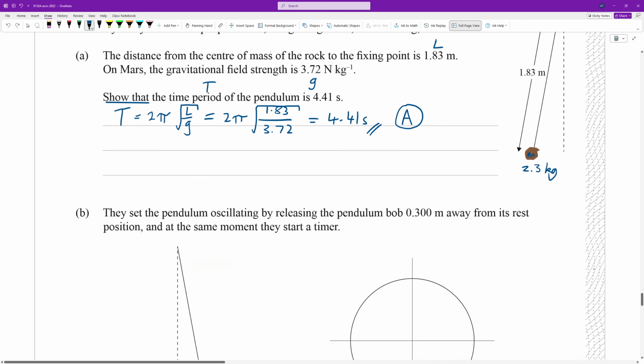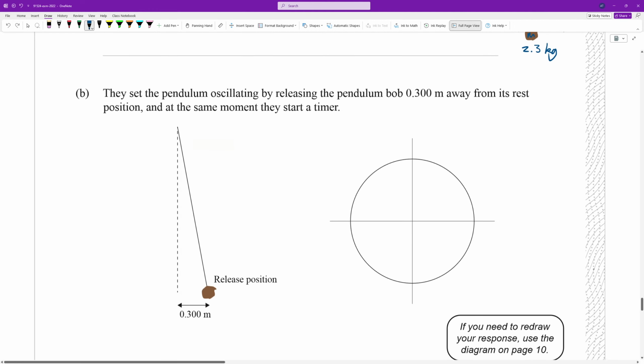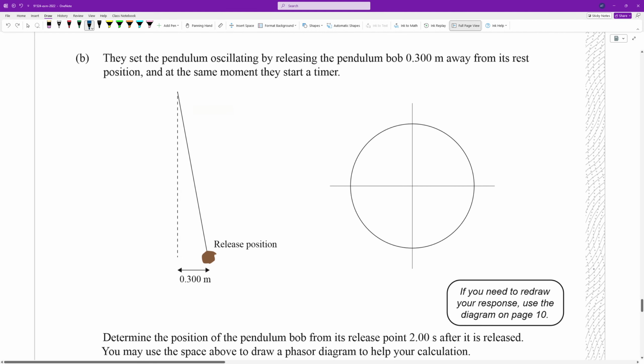Let's move on. Now they set the pendulum oscillating by releasing it, so they pulled it back 0.3 meters in the horizontal from its rest position. This is where it would hang down naturally. They let go and start a timer.